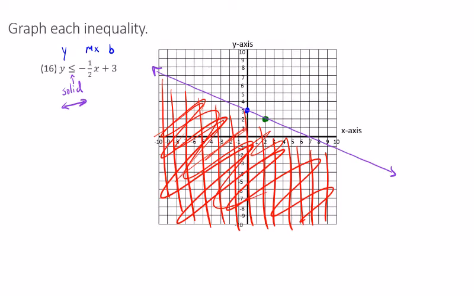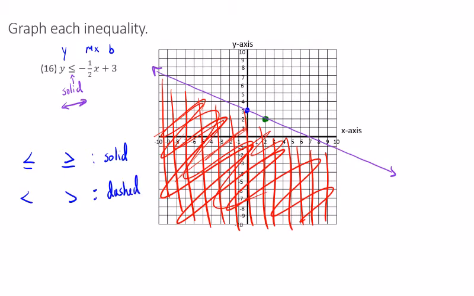Now let me just review real quickly. If you have a less than or equal to or greater than or equal to, remember that's when you have a solid line. And if you just have a regular less than or greater than, that's when you're going to have a dashed line or a dotted line.